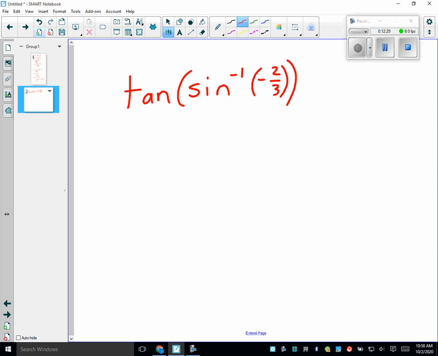I do this first. What quadrant is that in? 4. Are you sure that's quadrant 4?